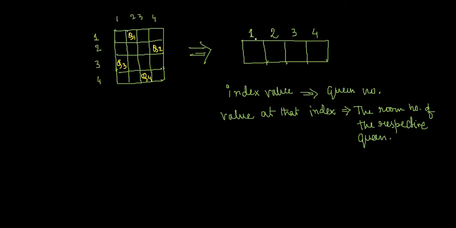I will write in place of index 1 as 2. It means queen 1 is placed in the second column as shown in this two-dimensional view. Similarly, queen 2, in place of the second index, it will become 4. In place of 3, it will become 1. And in place of 4, it will become 3. Okay.